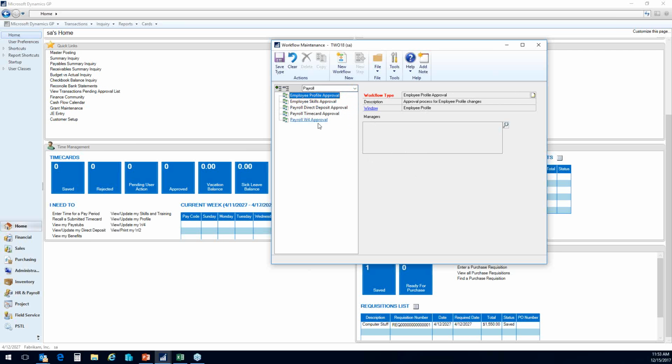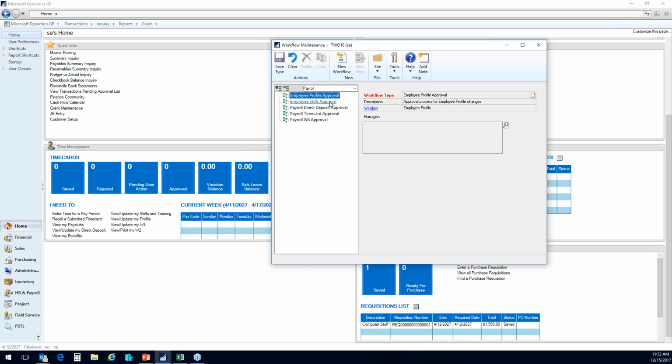Of course, around payroll, we have workflow set up as well. As people make changes to the system, the workflow kicks in, whether we're collecting time or approving direct deposit changes, and so on. I could go in and enter a new skill that I've just achieved.